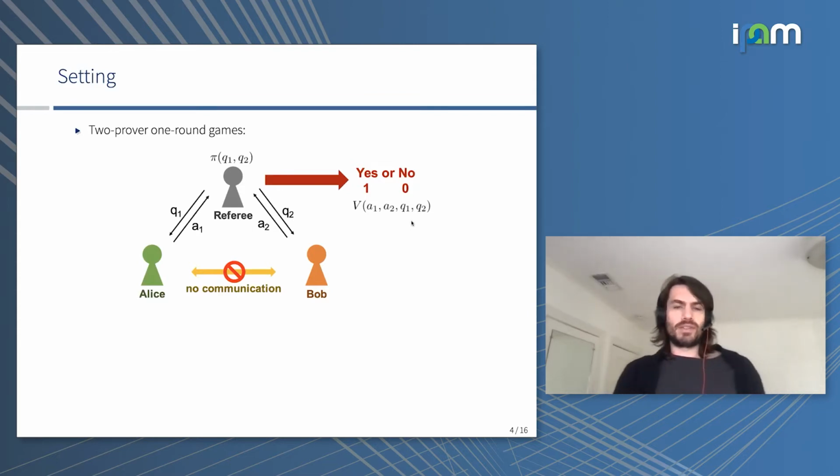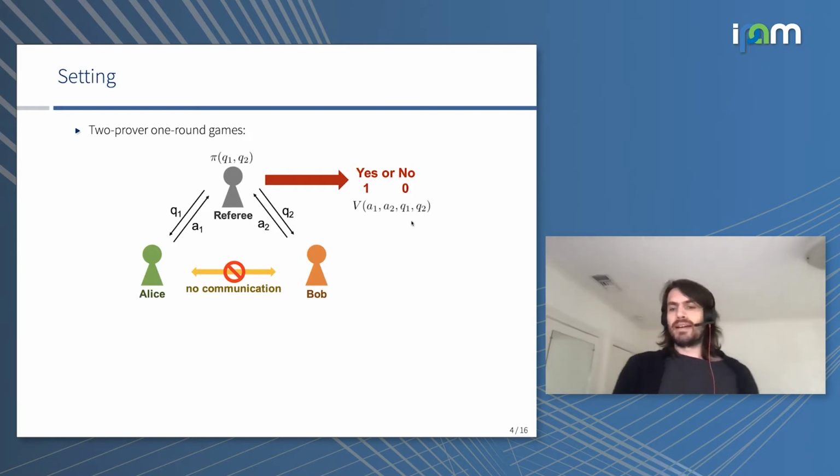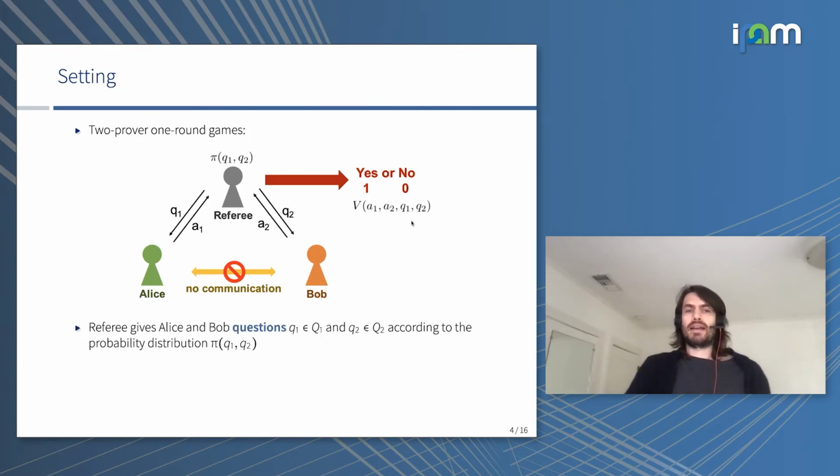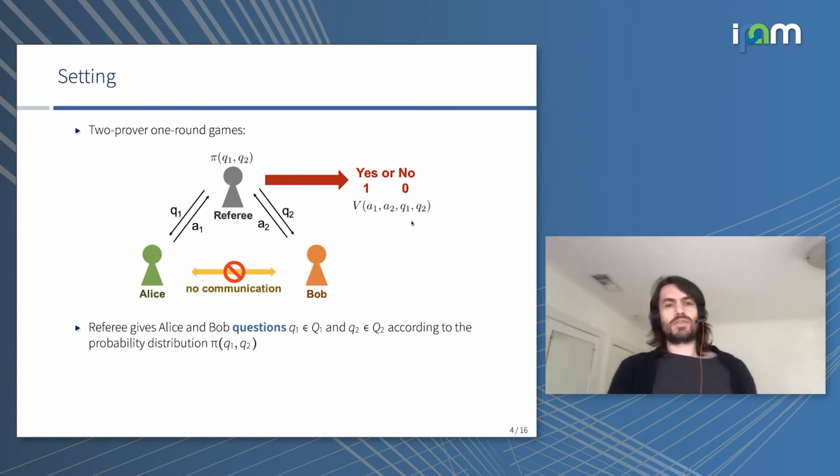Here you have two players, Alice and Bob, and they're trying to win a game. There's a referee that judges. The setting is such that before the game commences, Alice and Bob can build up any correlation they want. They can have any communication, but as soon as the game starts, they can no longer communicate with each other. Then the referee gives out questions to Alice and Bob from some set of questions, chosen according to some fixed probability distribution.